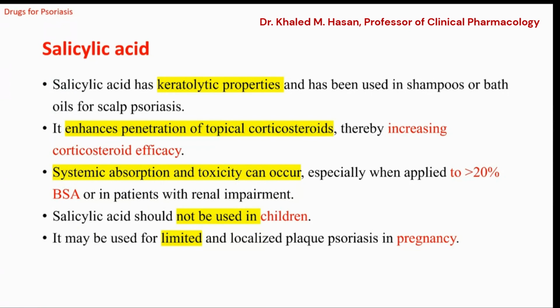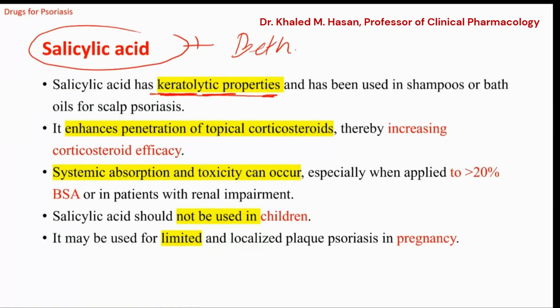Salicylic acid, we use this medication because it has keratolytic properties, it tries to peel the skin. Another important issue here, we normally use it in combination with betamethasone. And the reason, they said when you use it with the cortisone, salicylic acid enhances penetration of cortisone, allowing cortisone to enter the skin, the epidermis, the dermis.